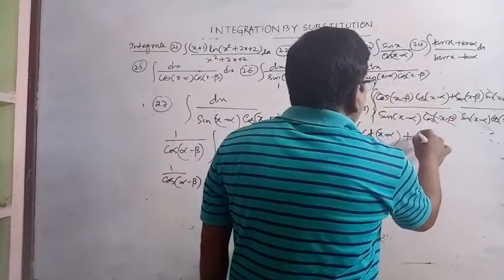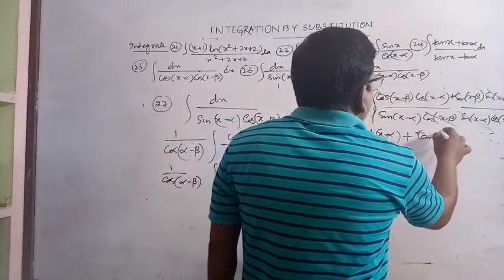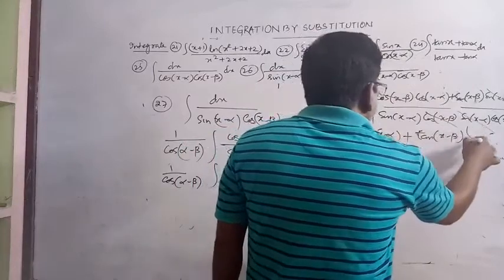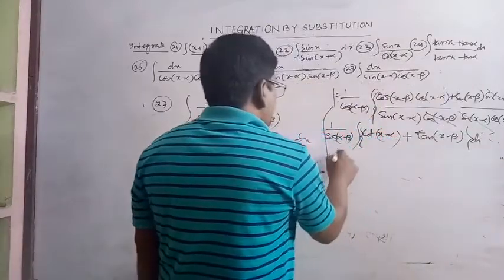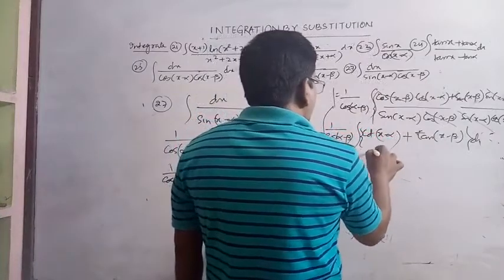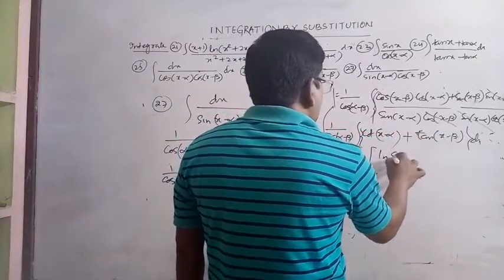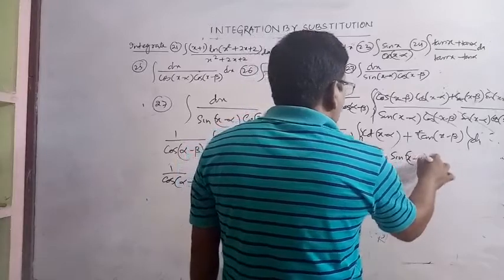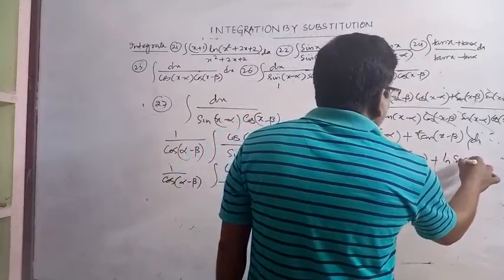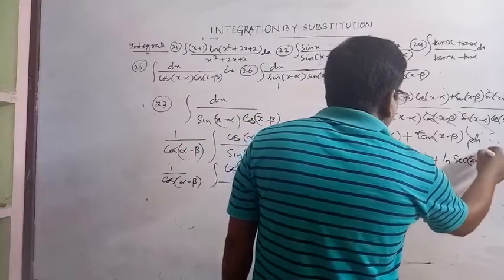This is 1 by cos(alpha − beta) integration: log sin(x − alpha) plus log sec(x − beta) plus c.